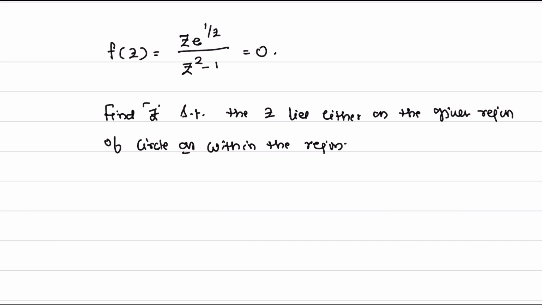Either it should be inside the region or on the given region. On the given region means on the line of the region, that is the circle line, or within the circle. We have to find z.